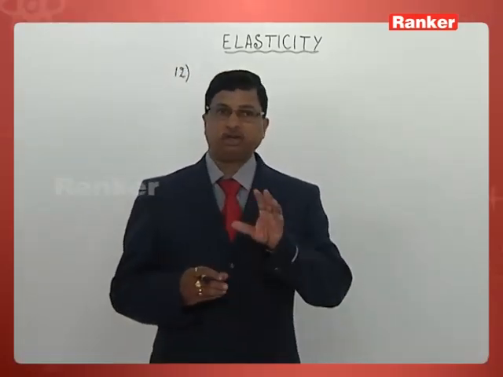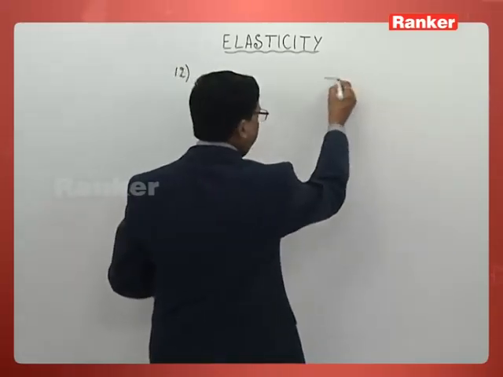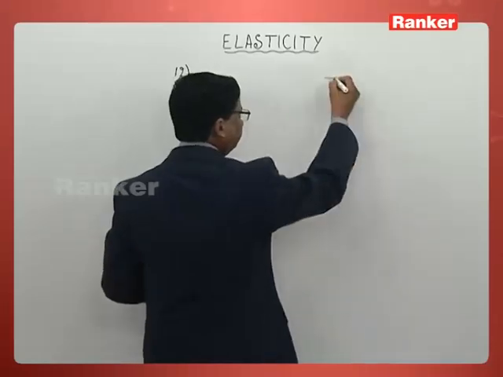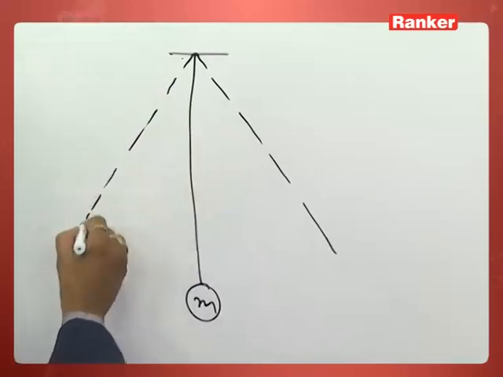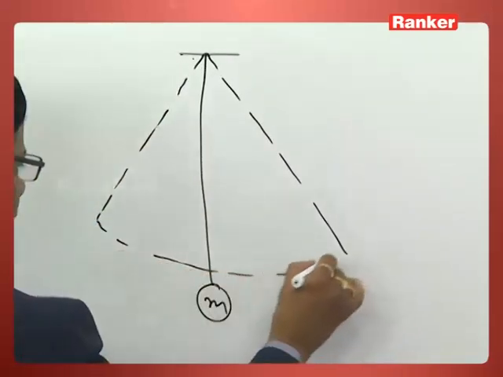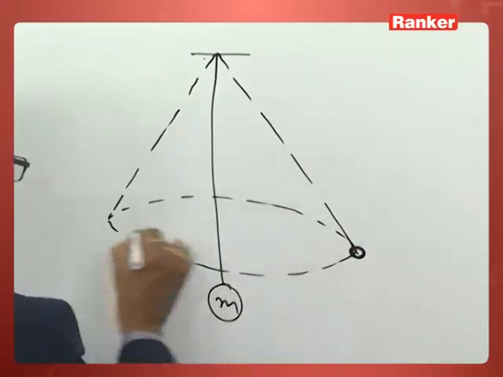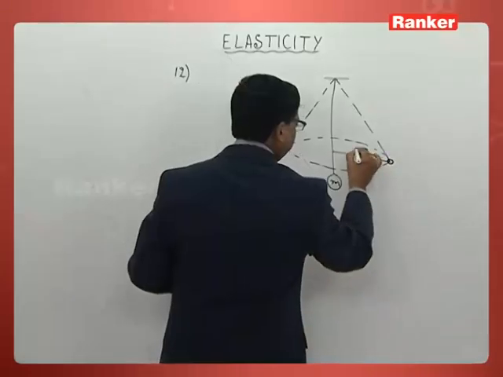Try to understand the question carefully. There is a string like this to which a mass m is attached, and according to him, this mass is now rotated in a horizontal circle this way. This is the radius of that circle.